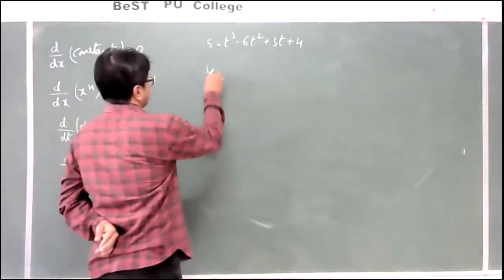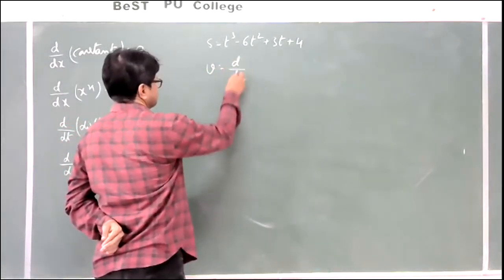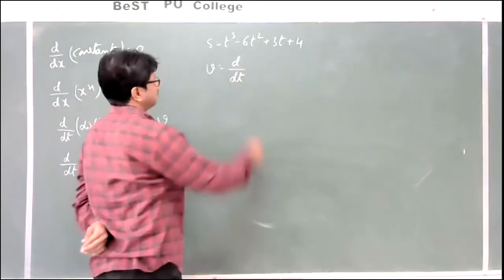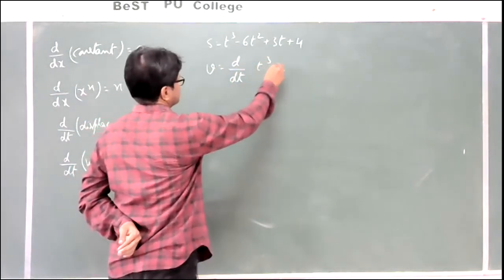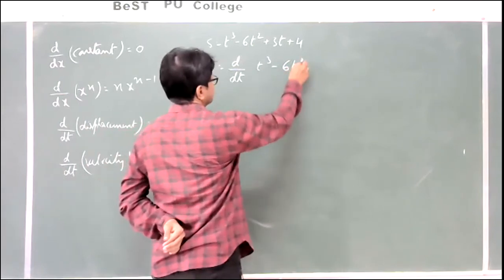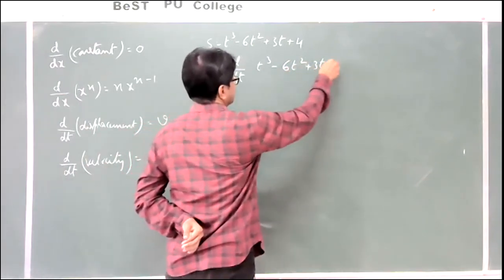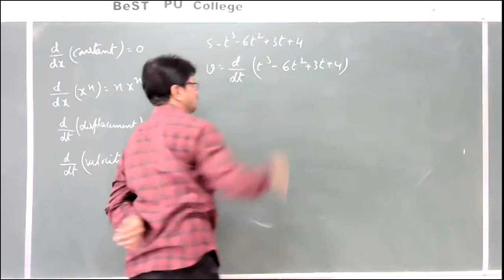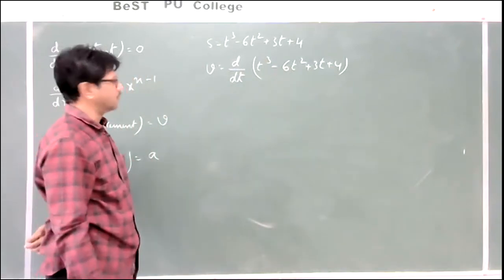So first I would like to find the velocity. If you differentiate the displacement with respect to time, we'll get the velocity.